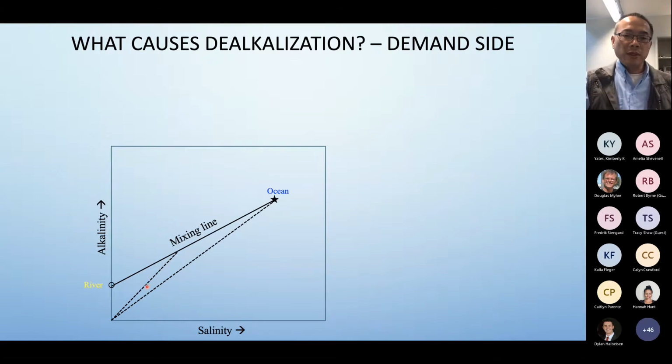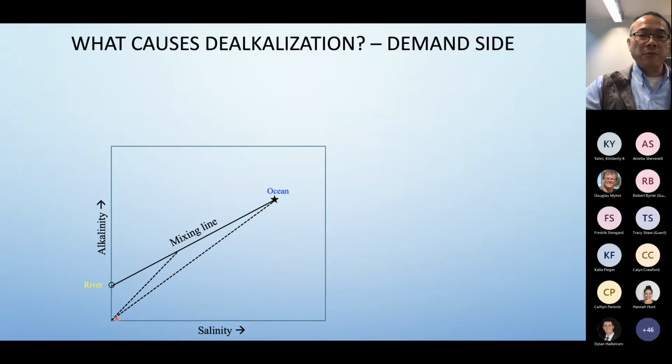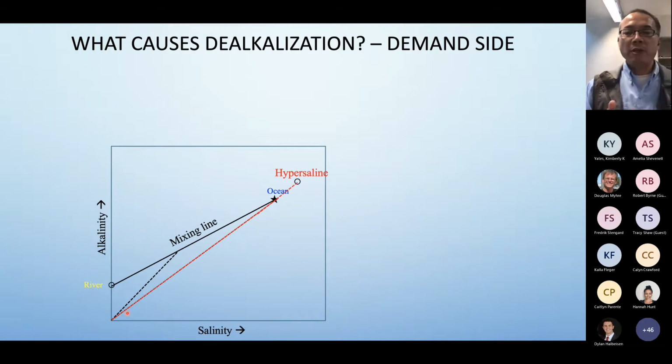These two dashed or dotted lines represent evaporation or precipitation, because it goes through zero. If you evaporate the ocean water and go hypersaline, assuming no reaction occurring, you would follow this straight line, so the alkalinity to salinity ratio would be constant, right?